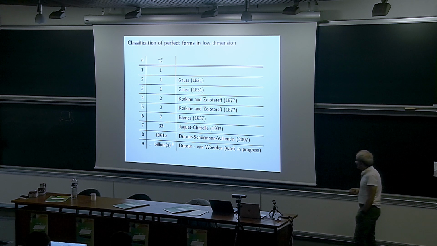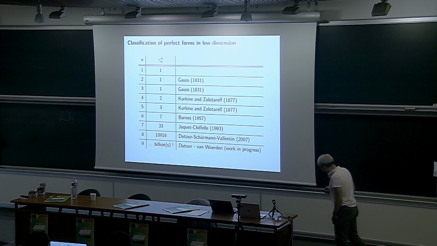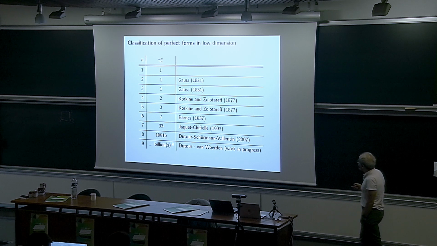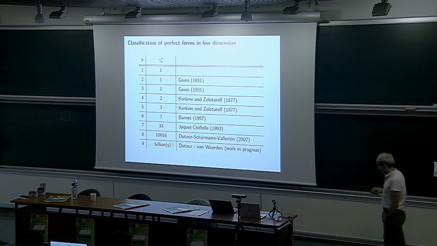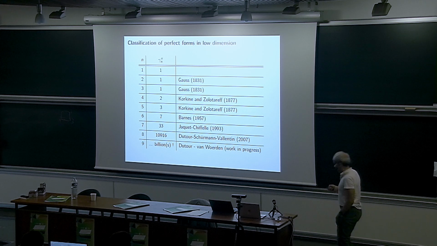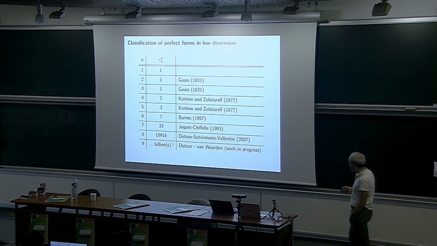As you see, the situation becomes incredibly complicated after dimension 7. And in dimension 8, the full classification was obtained only rather recently by Mathieu Dutour, Achill Schürmann, and Frank Vallentin.